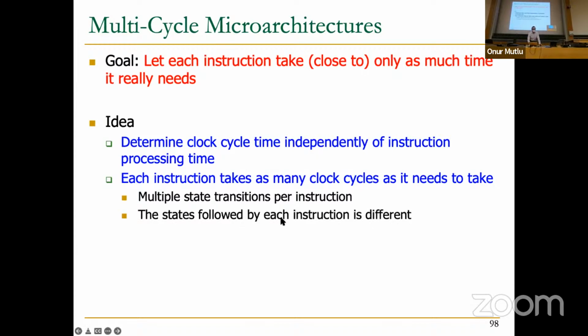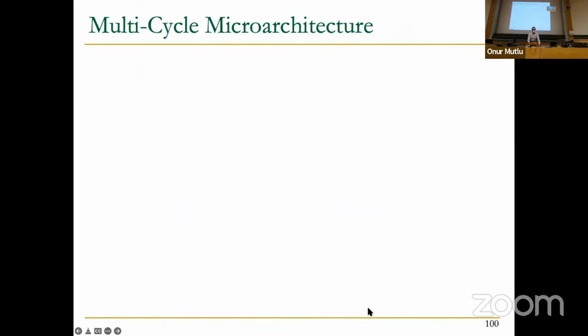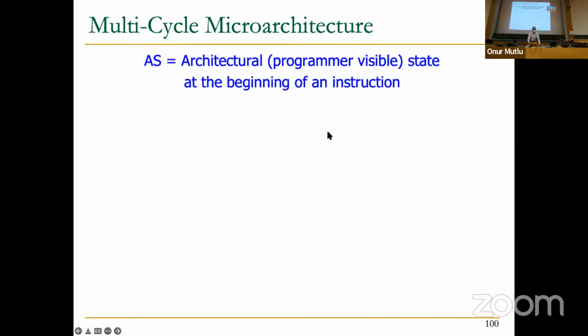The states followed by each instruction is going to be different, as we will see. Okay, and recall, we've already talked about the slide, so I don't want to take more time. The single cycle microarchitecture was doing architectural state prime in a single clock cycle. We're going to do it in multiple clock cycles here. So let's take a look at that. You have architectural state at the beginning of an instruction.